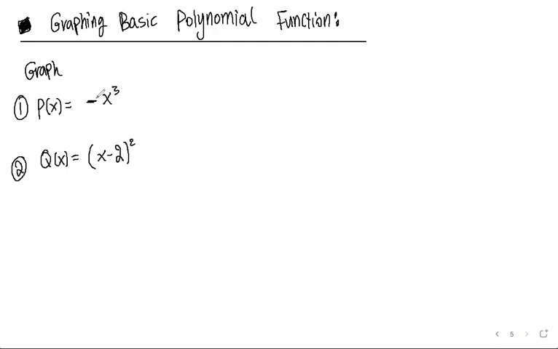Okay, who will do the first one, or give me the idea how we can do the first one by using transformations? What is the original function, as we learned before?